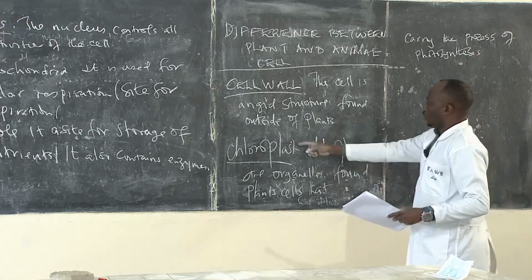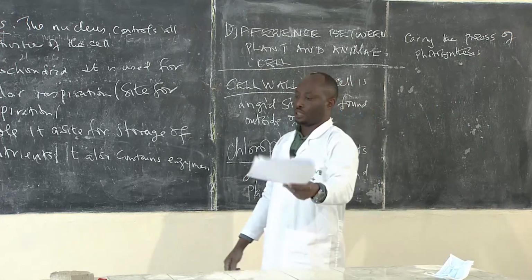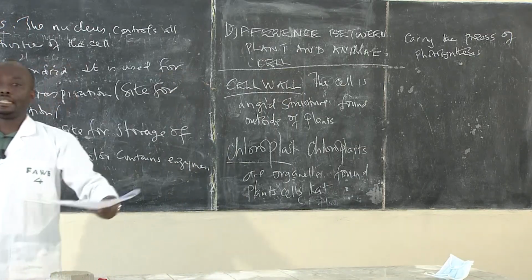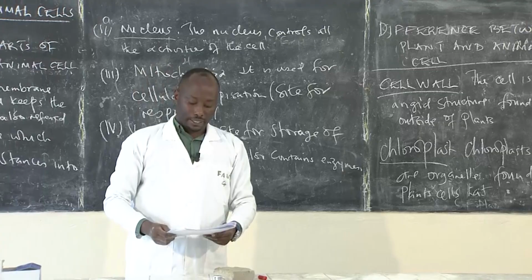The chloroplast is a sac which stores the green pigment called chlorophyll. So it traps sunlight energy. The presence of chloroplasts traps the sunlight energy.